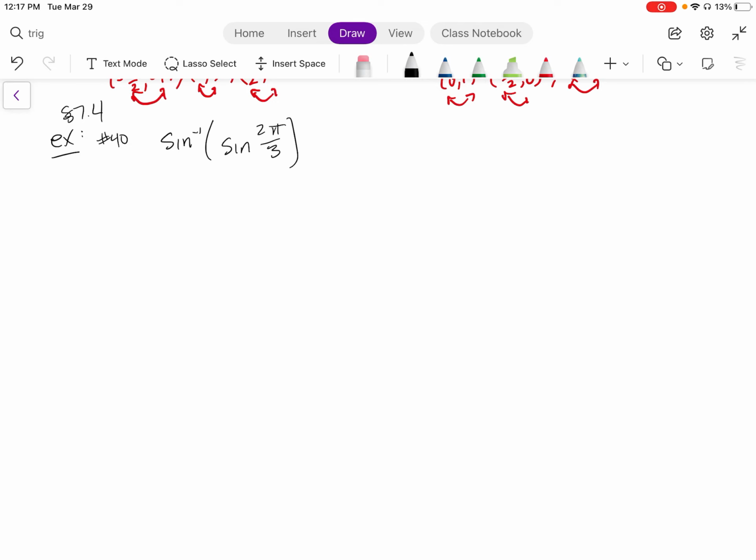I want to look at tan inverse of negative 4.2. And we'll do one more kind of like these. How about cosine inverse of pi?